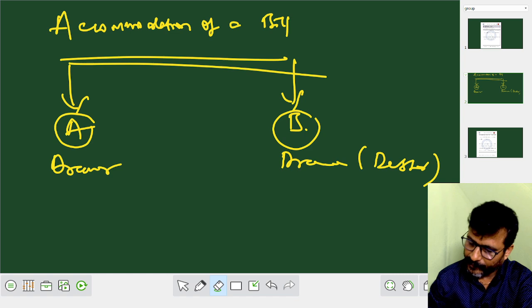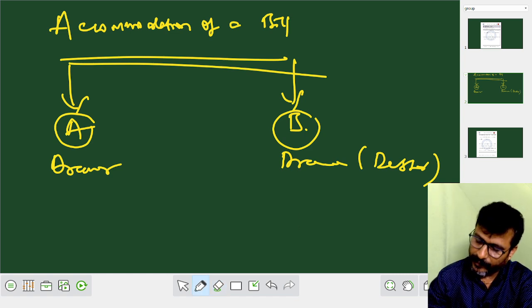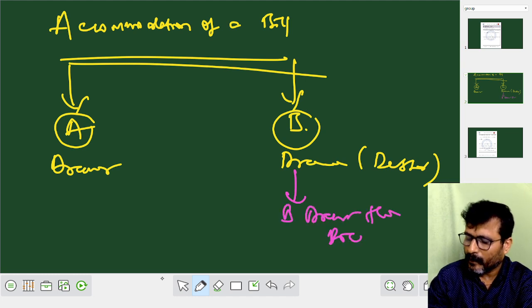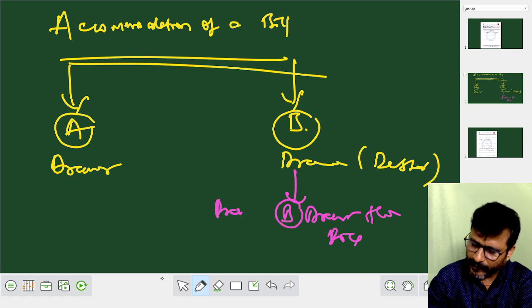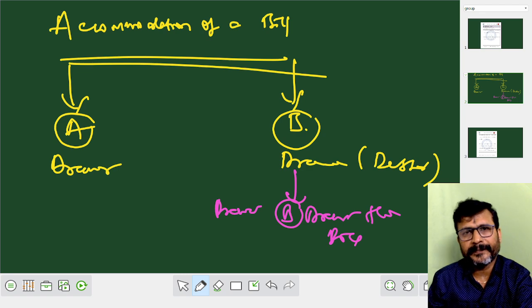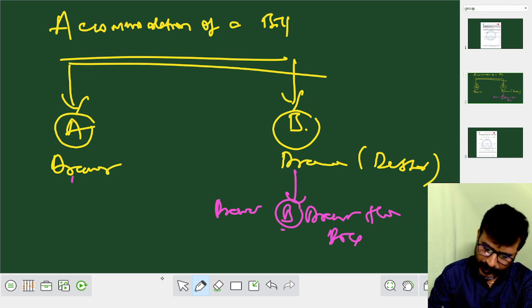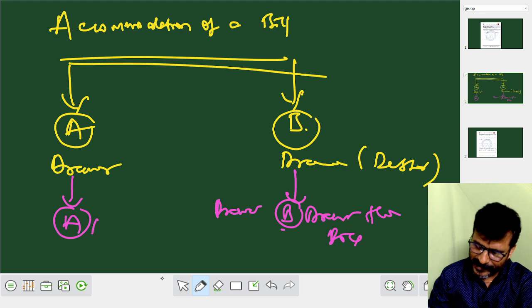After some time, B draws the bill. So B is a drawer, and then A becomes the drawee. A is a debtor.